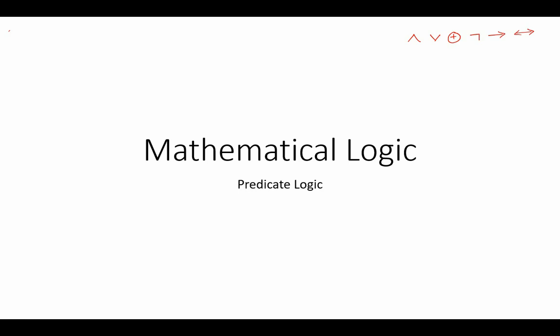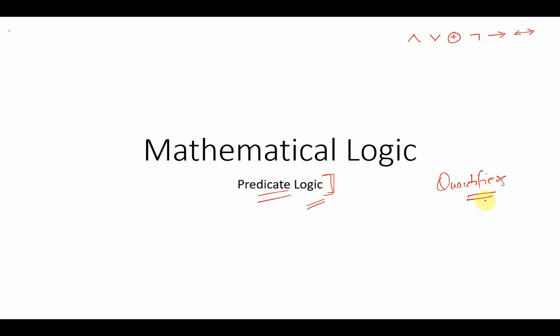Today we are going to go one step further and enter the world of predicate logic. We'll first see what predicates are, and then we'll see that predicate logic uses quantifiers. So we'll begin with understanding what a predicate is, and then we'll see what a quantifier is and how to use and manage a quantifier.